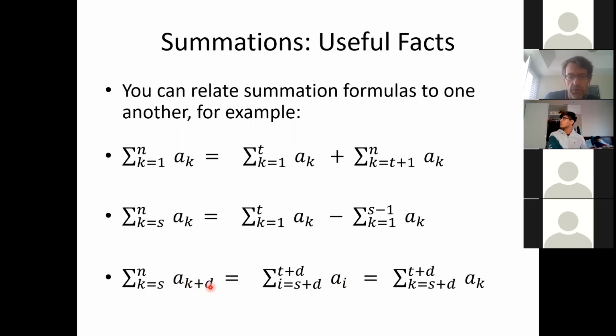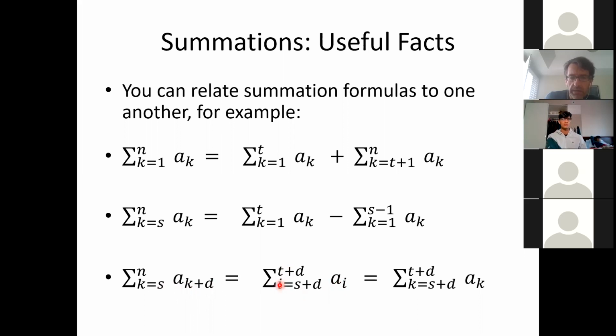If I do so, how can I rewrite this in terms of summing this sequence for this index? I just have to start at some point and end at some point for this to be true. What is my start? For k equal s, this is s plus d.